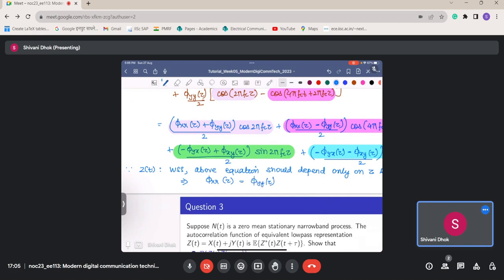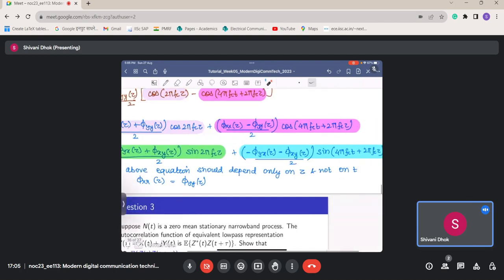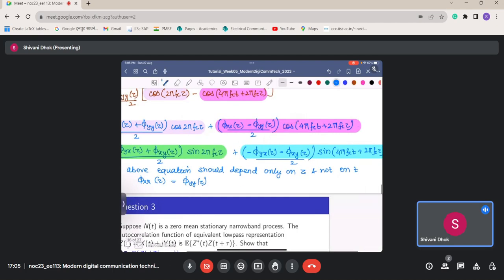If this is true, then this term here will go to 0, and phi yx of tau should be equal to minus phi xy of tau. If that is the case, then this term will go to 0. Is it clear?